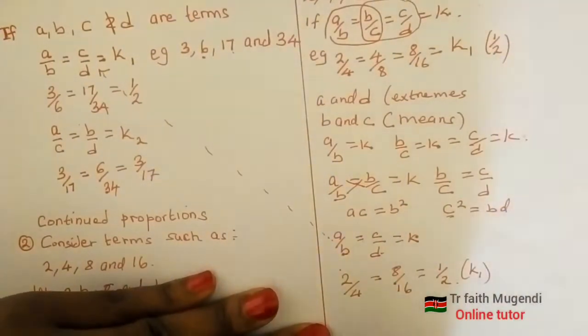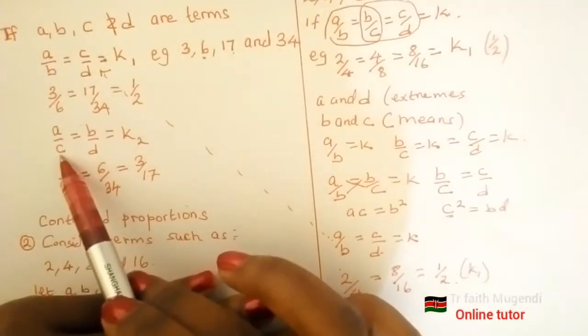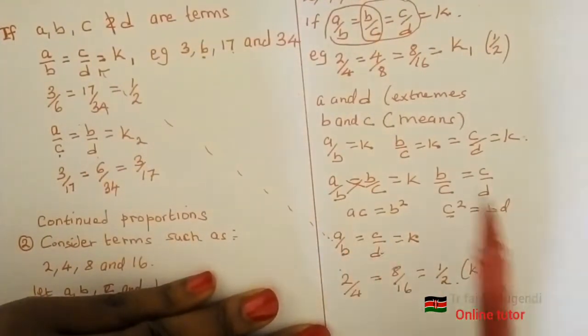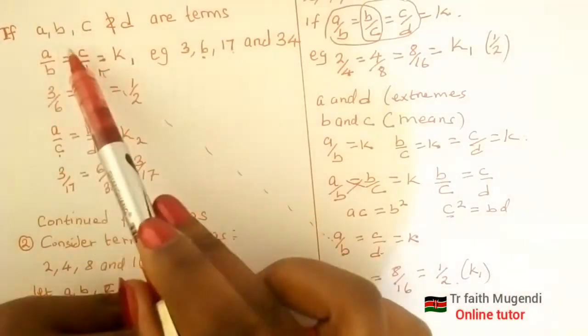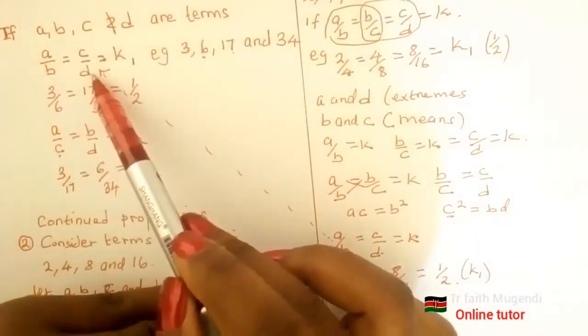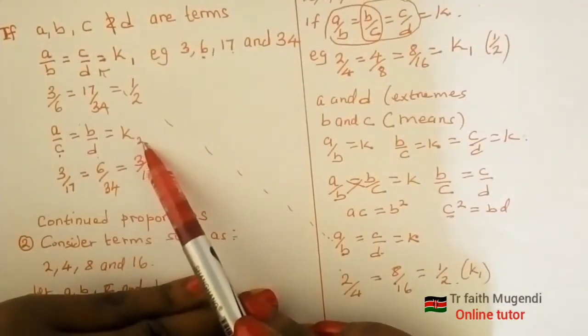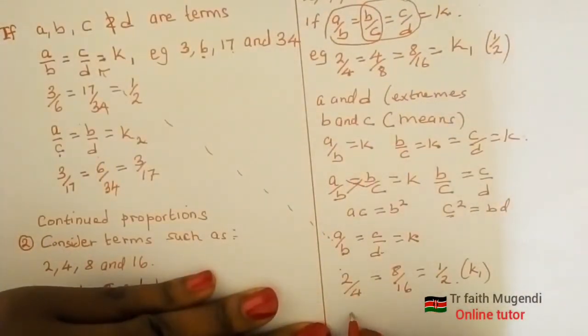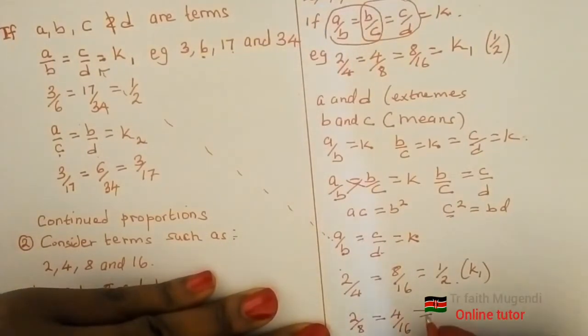It is also true, just as we said, that A over C is equal to B over D, is equal to another constant that is not the same as the first constant. Then it is also true to say that 2 over 8 is equal to 4 over 16. If we do the simplification, we shall get 1 over 4, which is another constant.